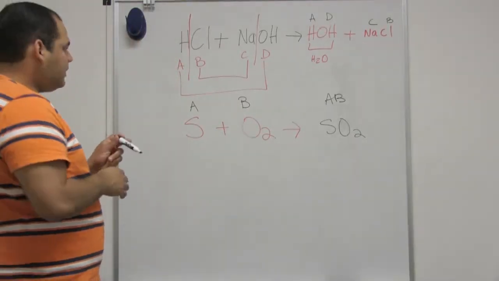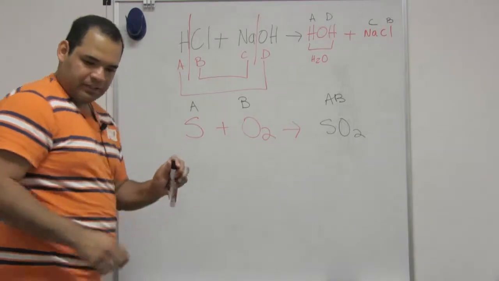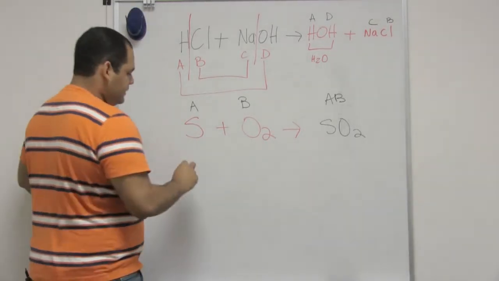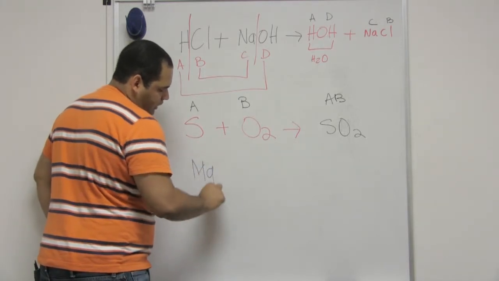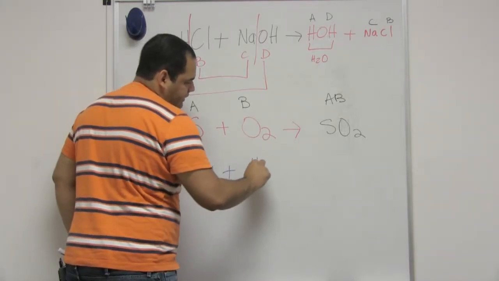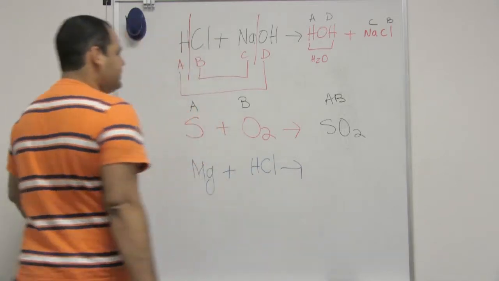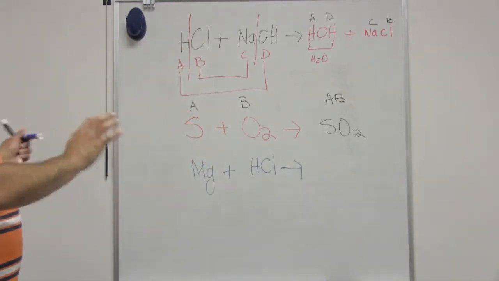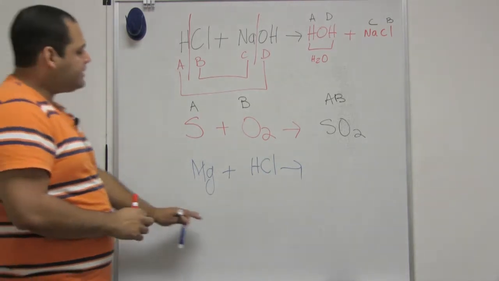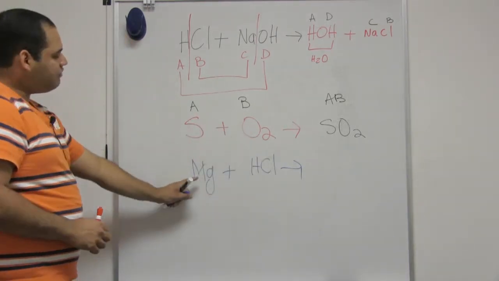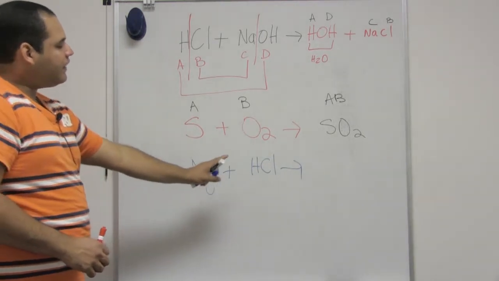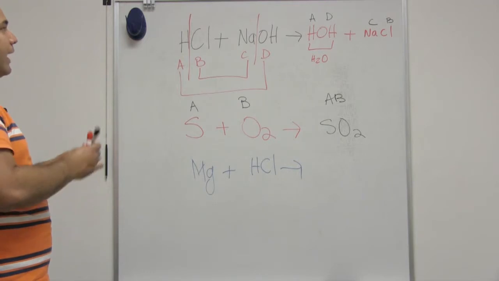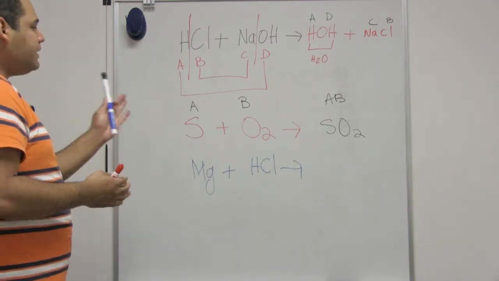Okay, the next example that I have here, I'm going to use another color. This is Mg plus HCl. And they say, what is your final product? So if I look at my reactant side, I know that I have an element, and I know that I have a compound. So I need to look at my notes again and I say, well, element plus a compound.